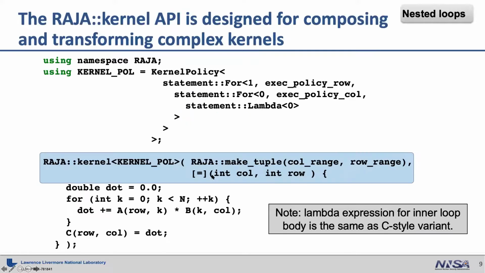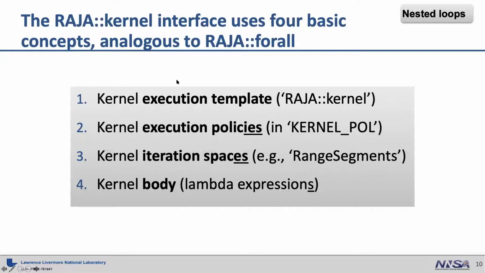But to go into some of the more interesting use cases, I want to look at nested loops, once you get more complicated kernels happening. Essentially, this is what we're going to see. It's now a RAJA kernel instead of a RAJA forall, just saying that it's more complicated and has multiple loops to it. And it has the same 4 basic concepts, except now instead of a single policy and space, we have several policies and several spaces.